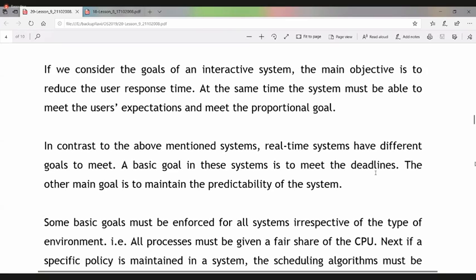Yeah? The other main goal is to maintain the predictability of the system. In many real-time systems we use predictions to speed up the process. Because if you can predict what is going to happen next, you can load it beforehand. Like search engines, when you are searching for something, there are intelligent search engines that know what you are going to search next.